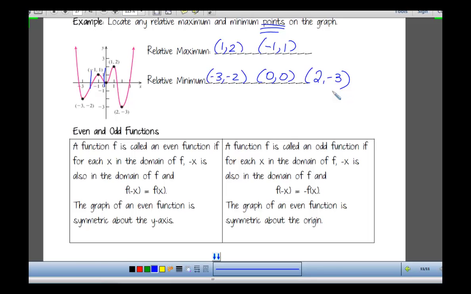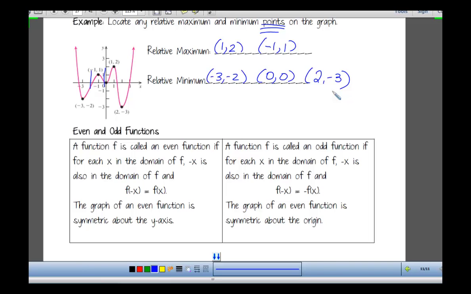Okay, so we can see our relative max and min. Questions about that? The y value, right? That might not end up being such a big deal here, but when you go on to take calculus, it'll be a huge deal. So I want you to start thinking about that.